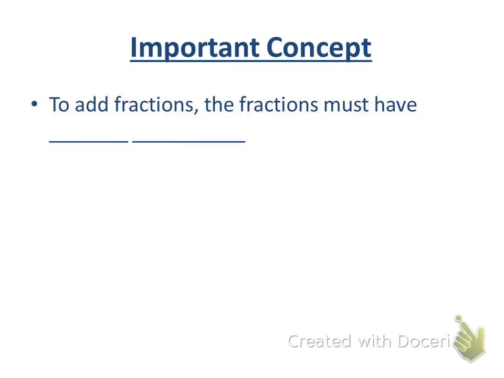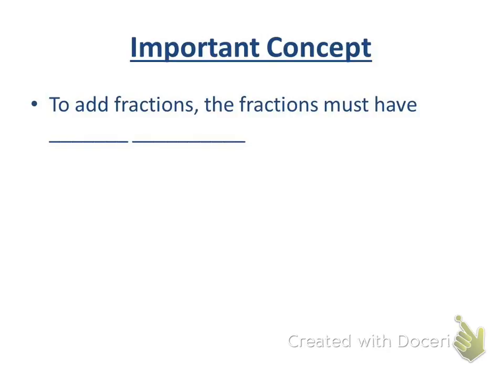Now, to add fractions, the fractions must have what? Common denominators or like denominators. Either one of those would be correct. The denominators have to be the same in order to add them. Now, if they are the same, what's the process for adding fractions? You add the numerators and the denominator stays the same.